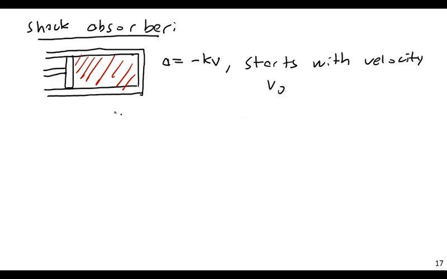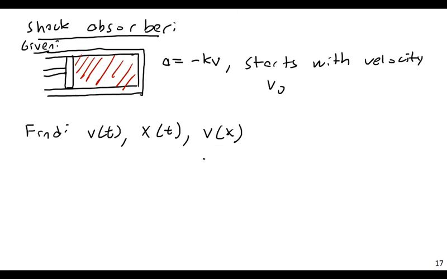Basically, all this is given, and I wish to find velocity as a function of time, x as a function of time, displacement or position as a function of time, and velocity as a function of x. So that's what I'm going to do. Find, and then solution.